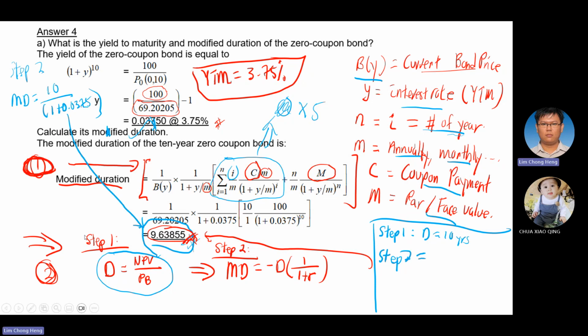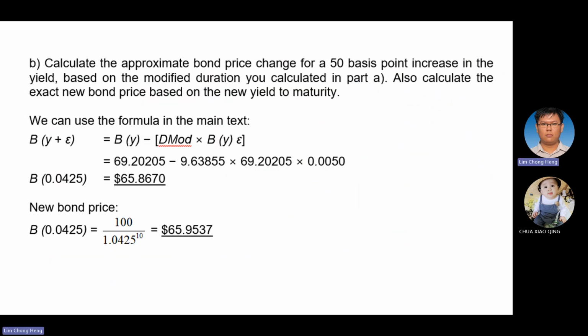Okay, so now the next step. Question 1 asks you to calculate the YTM and the zero coupon bond, and then the next. Now they say assume interest rate increases by 50 basis points.